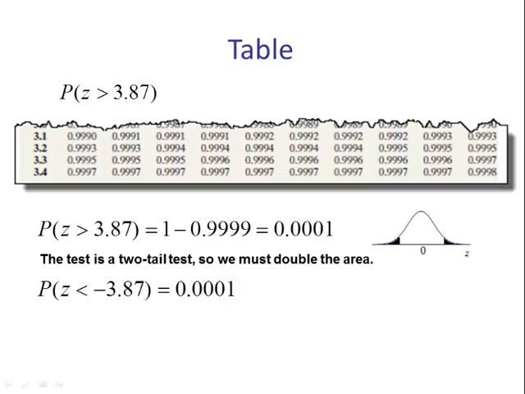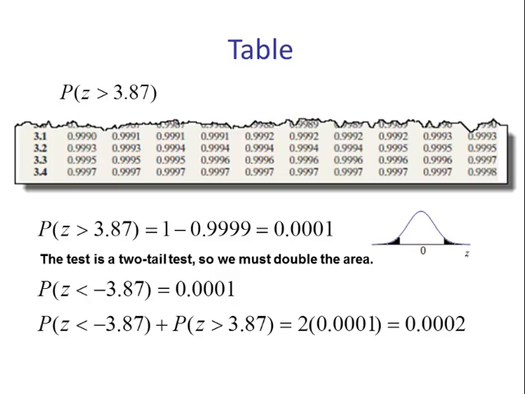So the probability that z is less than negative 3.87, again, that is off the charts, so we use the default, which is 0.0001. And since we have a two-tail, we could simply say 2 times the value of one of the tails, as the normal distribution is symmetric. So according to the table, the p-value is 0.0002. So any of these values for the p-value will work in our step 4.